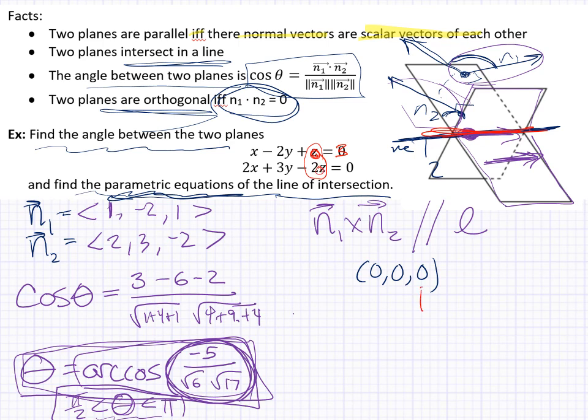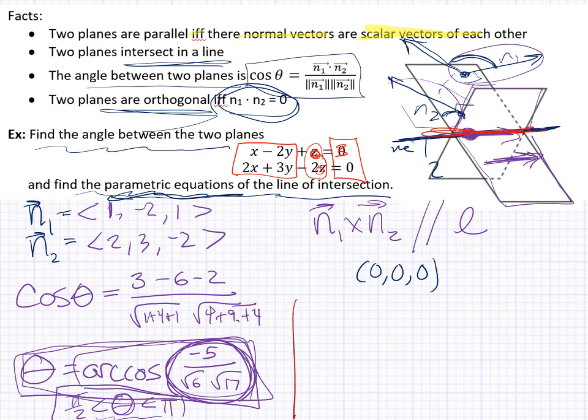So the coordinate here would be 0. And then I'll solve the resulting system with 2 variables in it. Using my basic algebra, here's 2 variables, 2 equations. Let's solve that, and we'll find the x's and y's that go along with this particular z. We don't need to go through all that for this equation because we can clearly see 0, 0, 0 is going to work. But what we do need is the cross product.